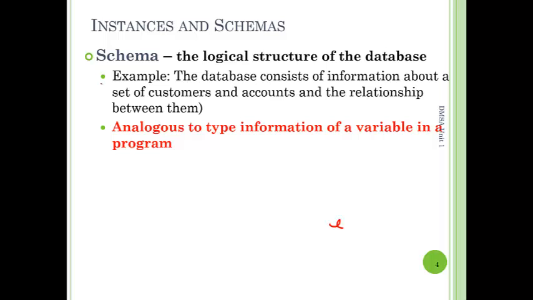Suppose we have the entity instructor. Now this entity is identified by certain parameters: the instructor ID, that is his employee ID, instructor's name, department name and salary.